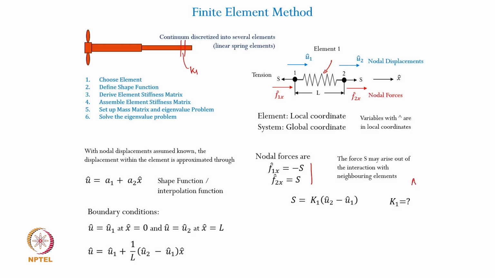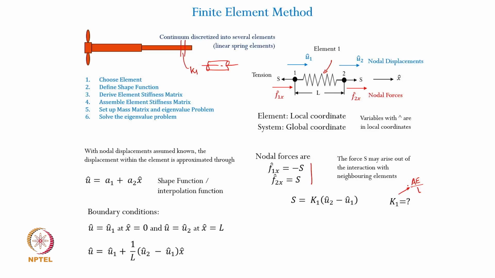So, we all know that the stiffness of an element, which could be a circular cross section or a rectangular cross section. In the circular cross section case, it is going to be cross sectional area of that element or segment times Young's modulus divided by the length of that element, right. So, this becomes your K1.